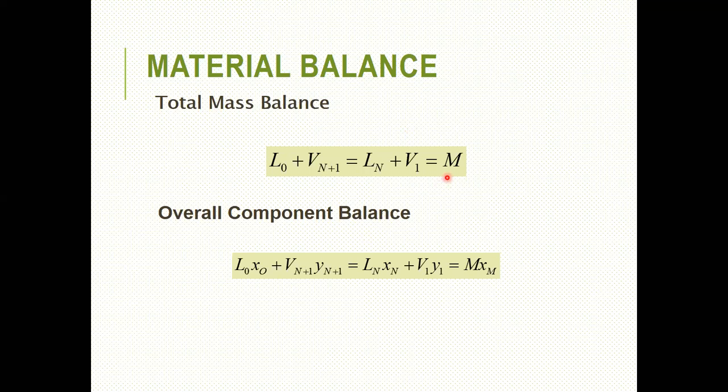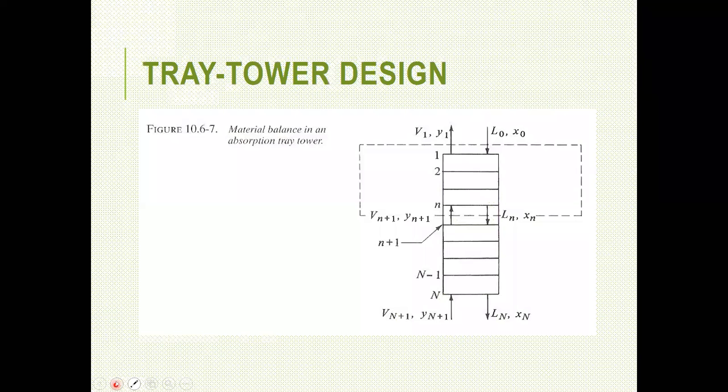And this is equated also, just like in the single stage unit, to the bulk phase M. Your overall component balance is patterned after the total material balance equation, the same way we did it in a single stage unit.